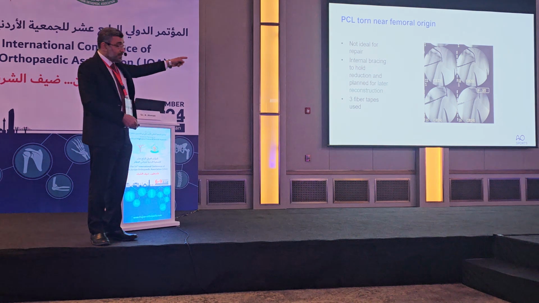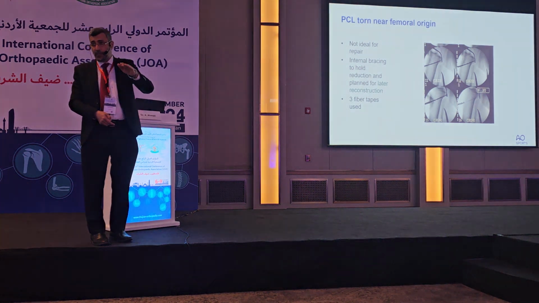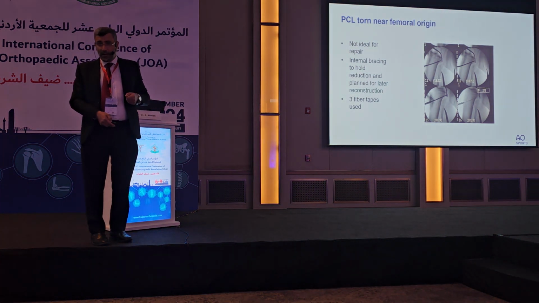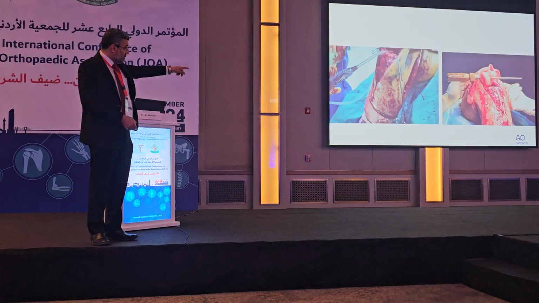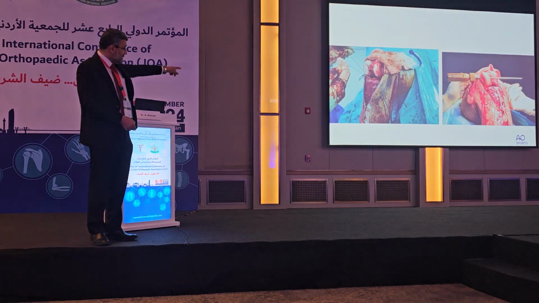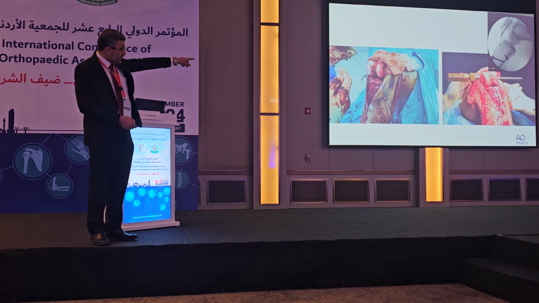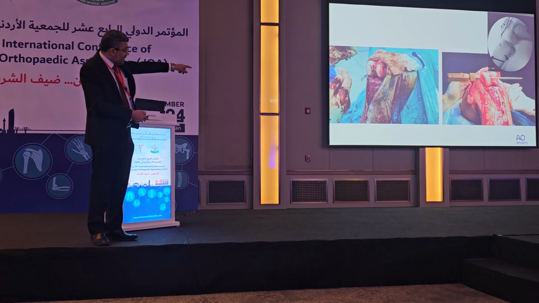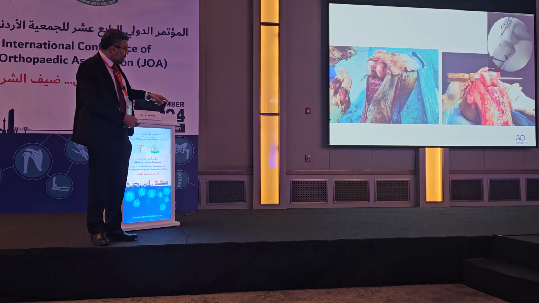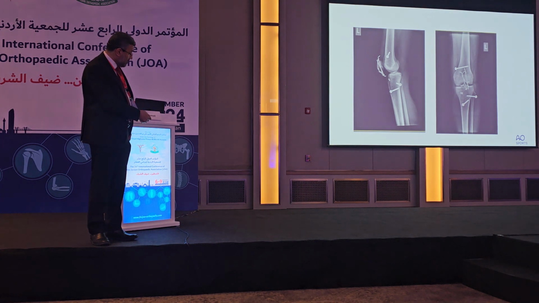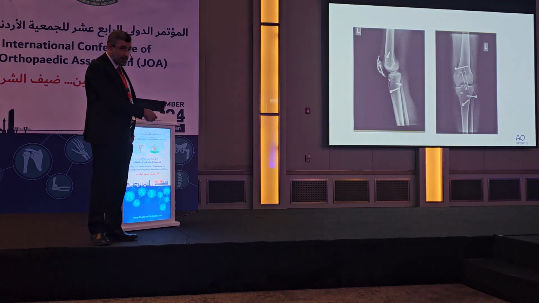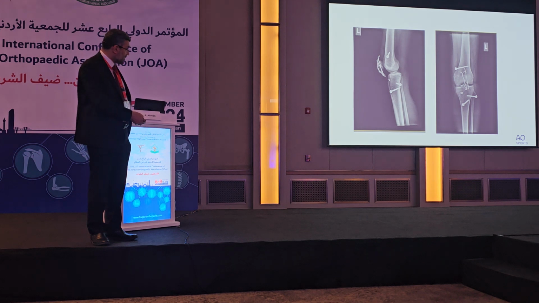The PCL was beyond repair, so we did just bracing with fiber tape. And look here, this is the brace for the PCL. And here the result, you see? Now here, there. And in the after X-ray, he has some subluxation, and we expected that posterior translation.